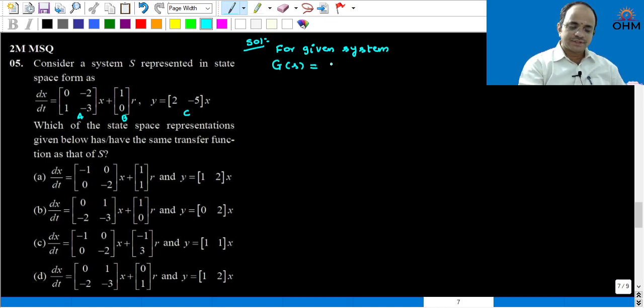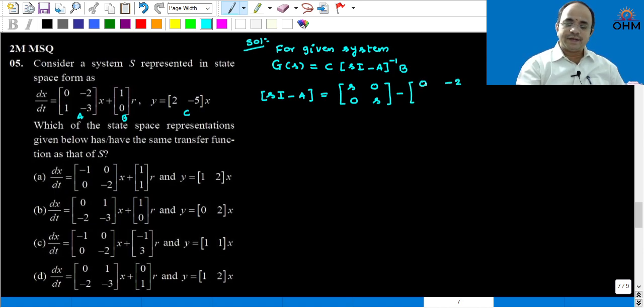G of S is equal to C multiplied with (SI minus A) inverse into B. Therefore, first I would like to find the matrix SI minus A, that is S 0 0 S minus the A matrix 0 minus 2 1 and minus 3.